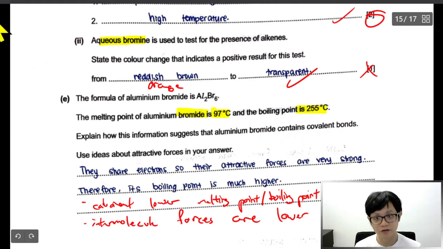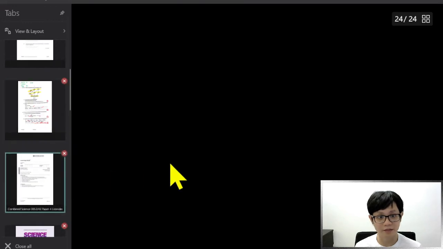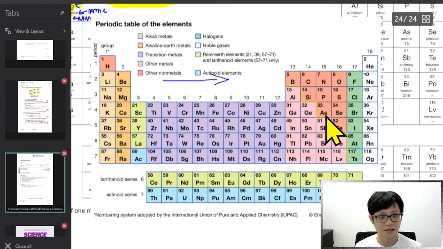So to be more assured, let's look at the periodic table. We can see aluminium is around here. Is it metal or non-metal? Aluminium is 13, and bromine is 35.